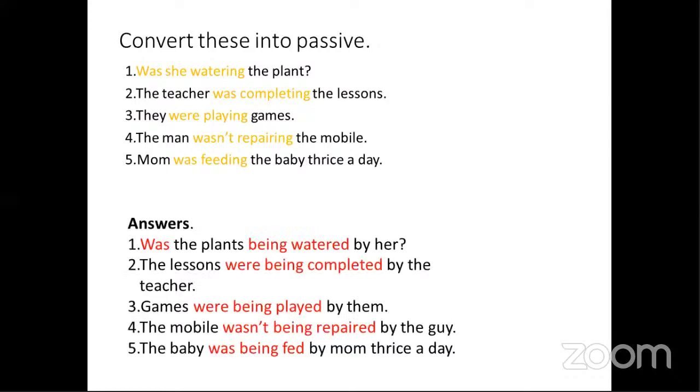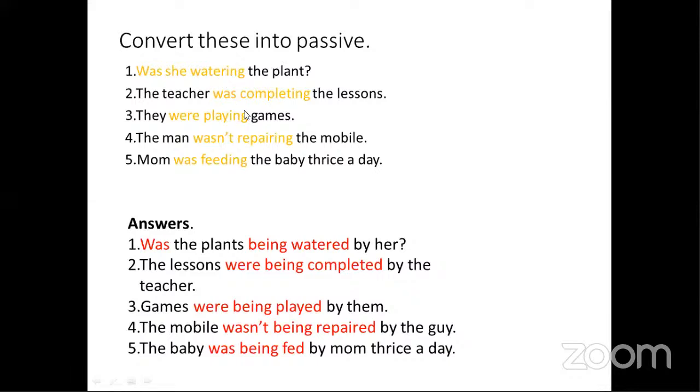Right, all the answers are here. Was she watering the plants? Right, this is a question. So you have to form it into a question of passive voice. Was, now the plants is the object of the active voice. So it's coming as the subject. Were the plants being watered?